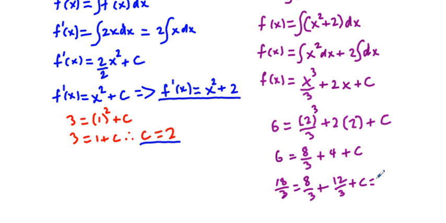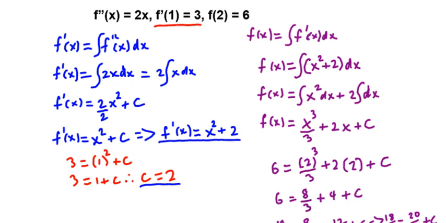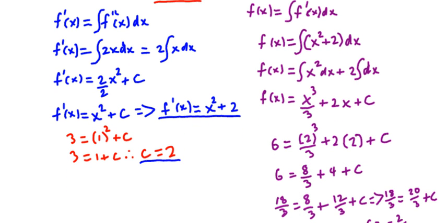I'm going to draw a little arrow here to save a little space. We have 18 thirds equals 20 thirds plus c. And subtracting 20 thirds from both sides, we have c equals negative 2 thirds. And now, solving our differential equation, c equals negative 2 thirds, we're going to come right back up here. Let's see, we left some space here.